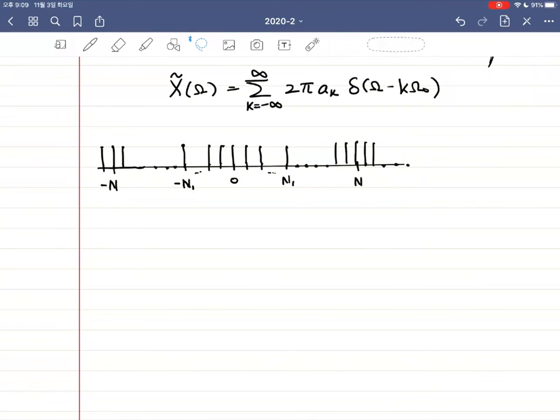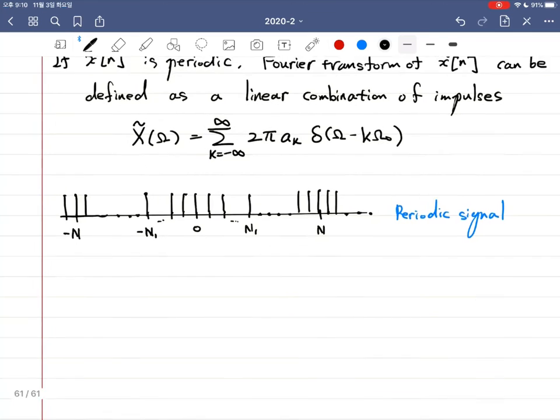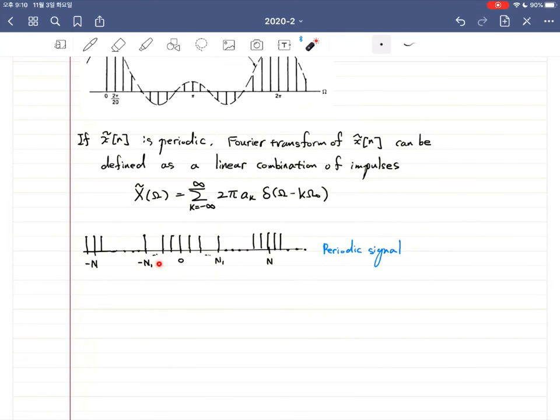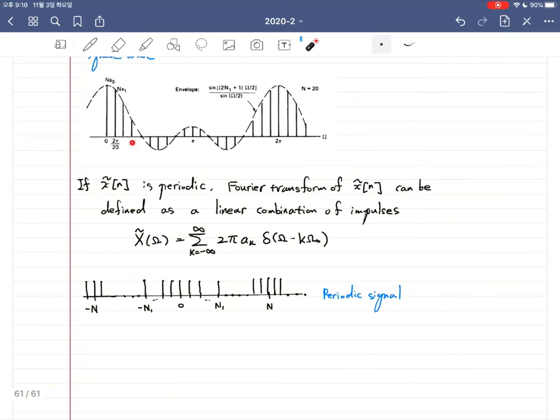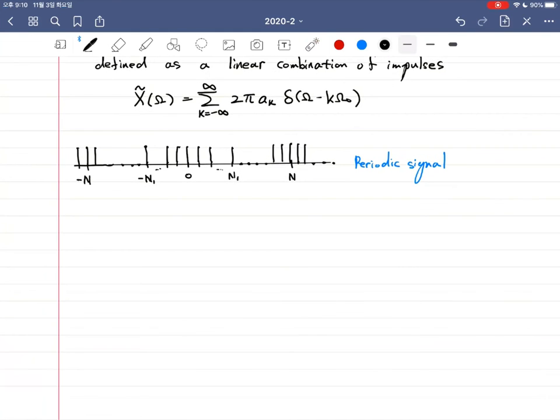So if I have this periodic signal, its Fourier series coefficients can be represented like this bar graph, right? Because it should be discrete. And that I can express it like this. And please notice the values on the x-axis for this one.